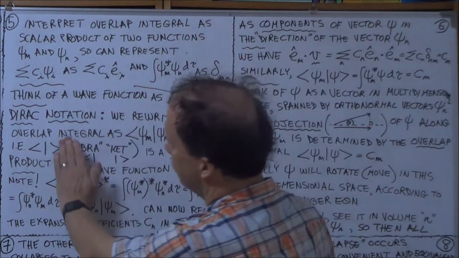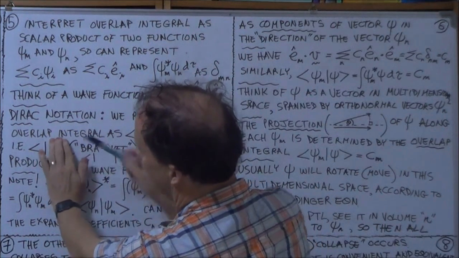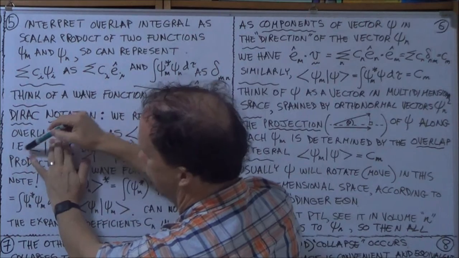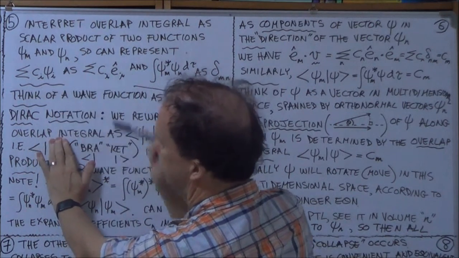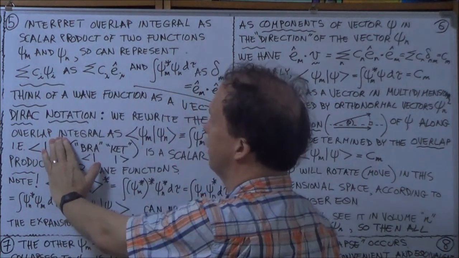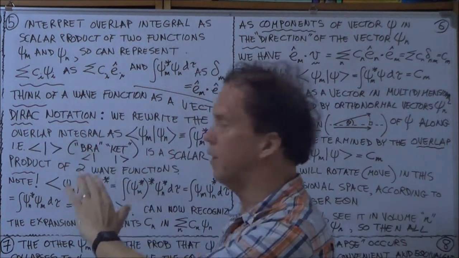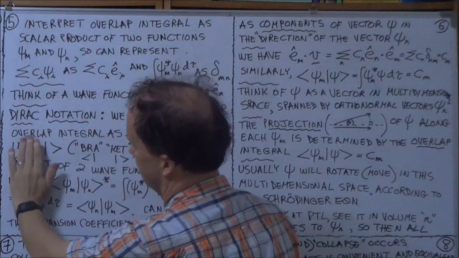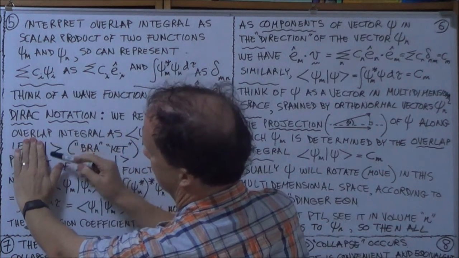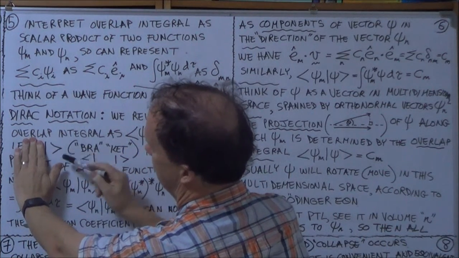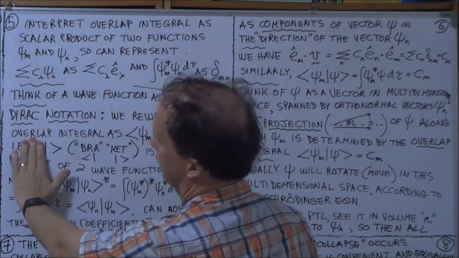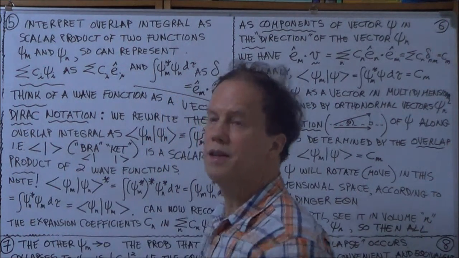If you look at the left side, the left angular bracket and a vertical line, he called that a bra, B-R-A. And on the right part, you get a right angular bracket and a vertical line, you call that a ket, K-E-T.